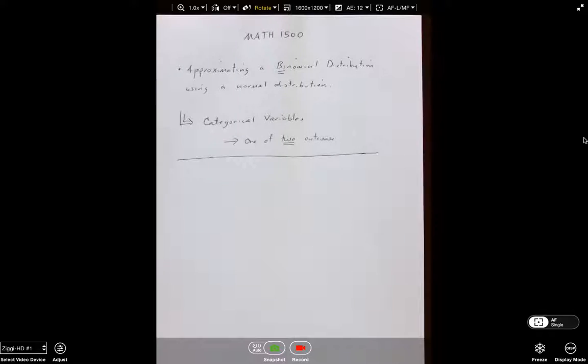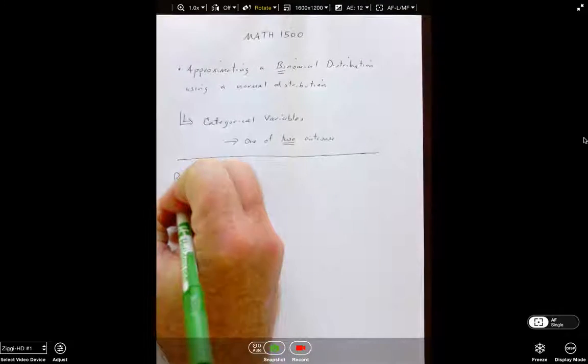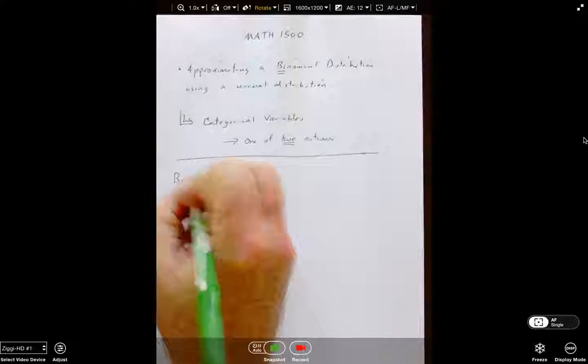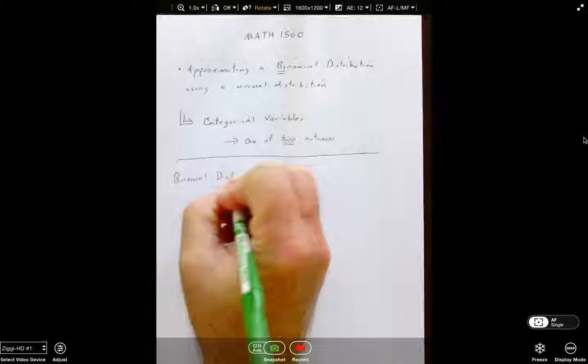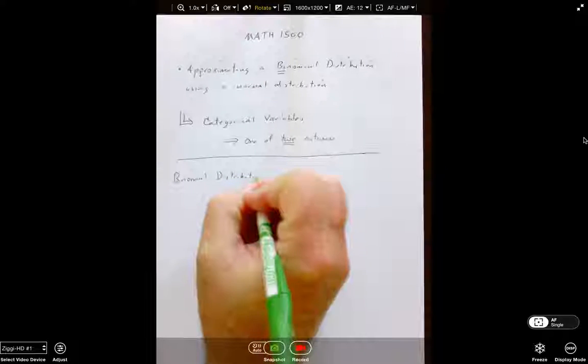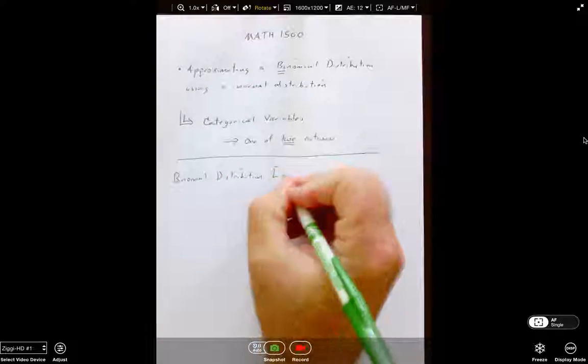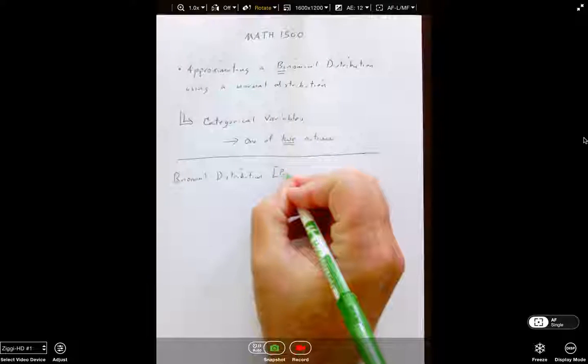Now, a couple of things I want you to think about. First of all, some properties of the binomial distribution. Let's just call this properties.